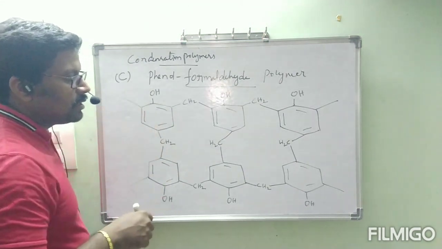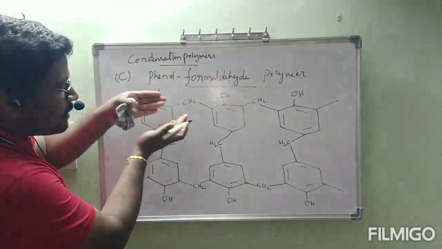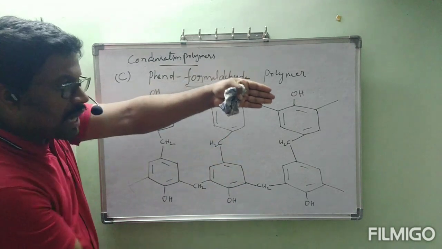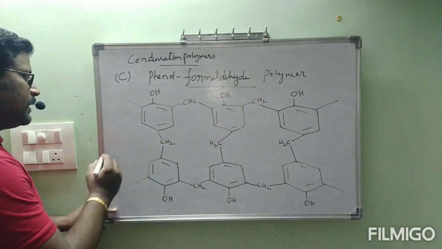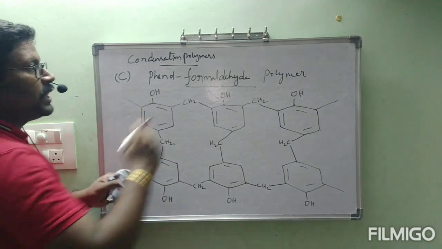By using all the three positions, ortho, para, ortho, if it is formed like a sheet, not like a chain, this is called bakelite. I am going to write here.